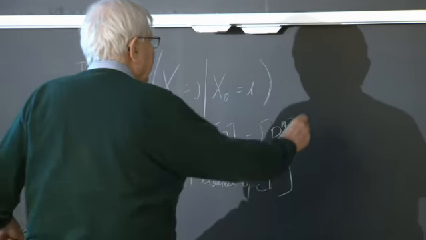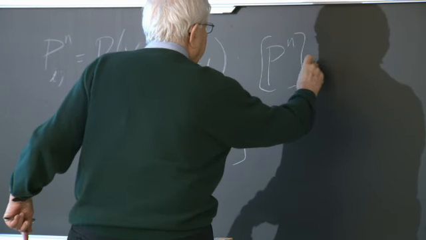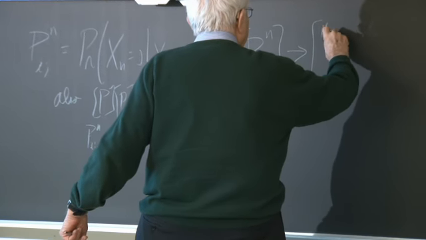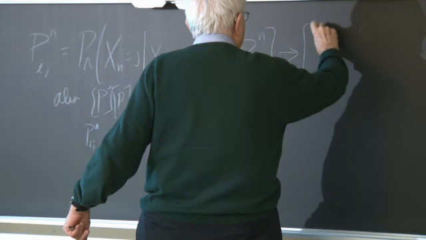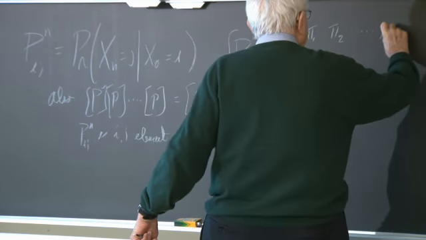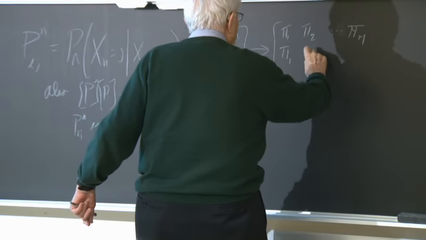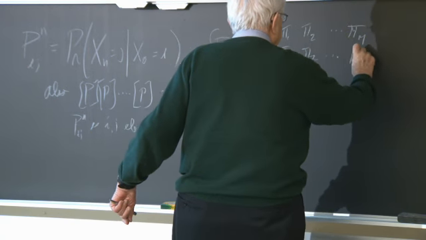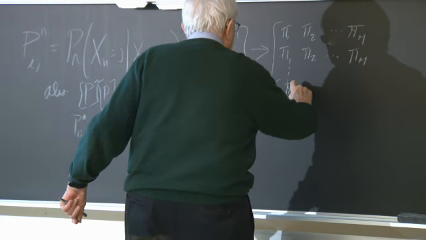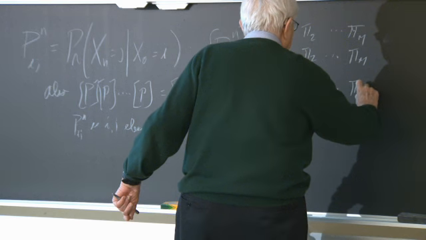P to the n tends to a matrix whose rows are each pi 1, pi 2, up to pi sub m.